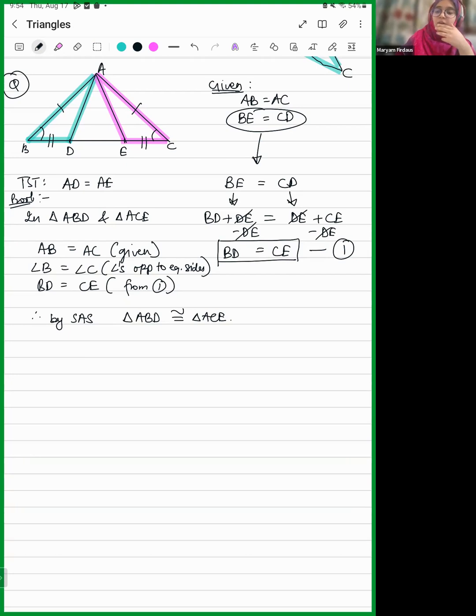What time is your science class? You have science class, right? Yes, on Monday, Wednesday, and Sunday, from 8 to 9.